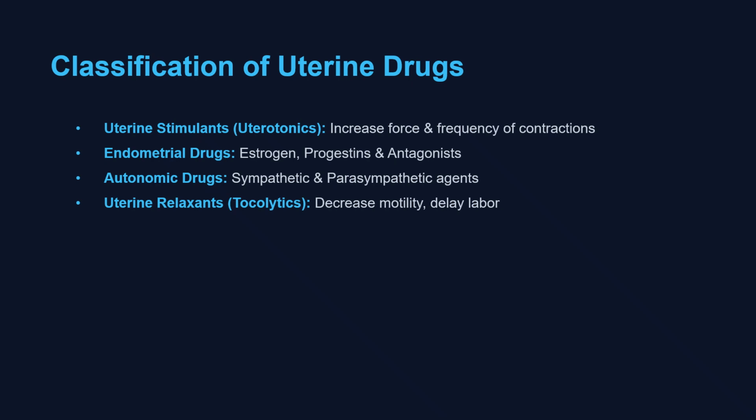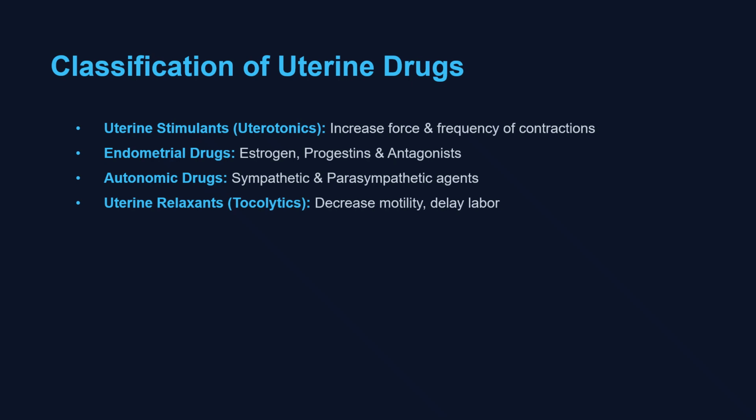In the endometrium region, the affecting drugs are estrogen, progesterone, and their antagonists. Another is the myometrium, where sympathetic or parasympathetic drugs affect certain regions.